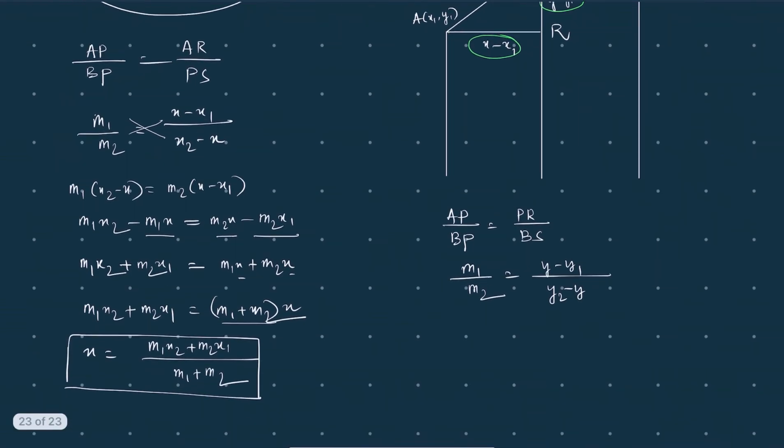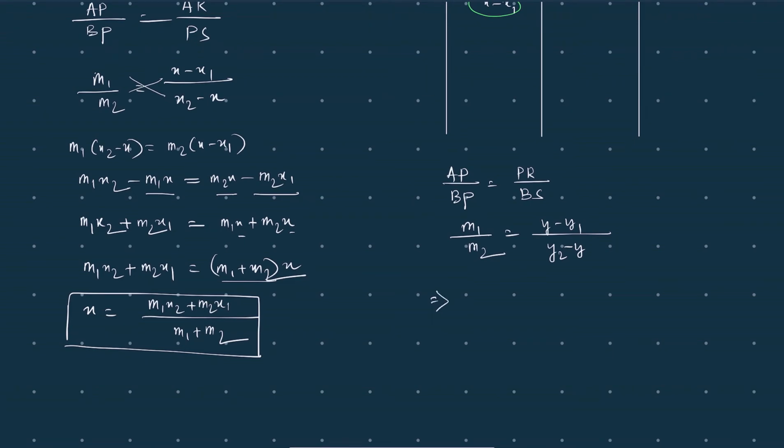Okay, now similarly we can perform the cross multiplication here. So m1 into y2 minus y is equal to m2 into y minus y1. This implies m1 into y2 minus m1 into y is equal to m2 into y minus m2 into y1.